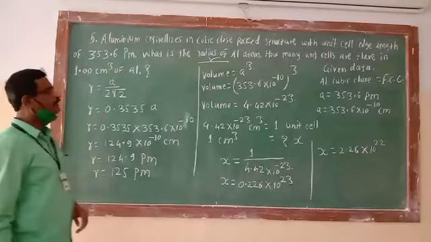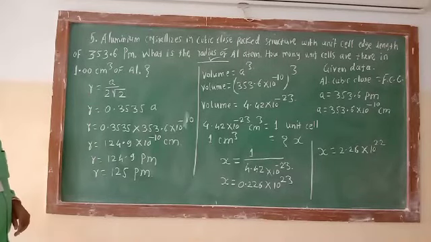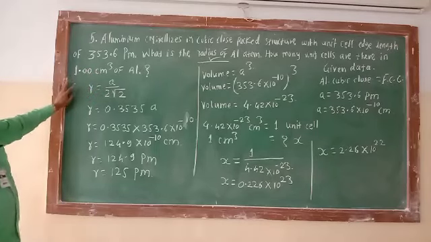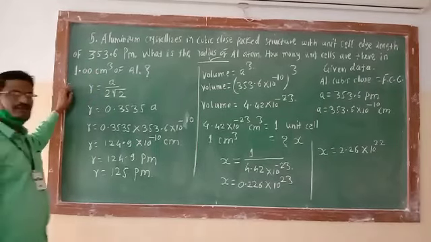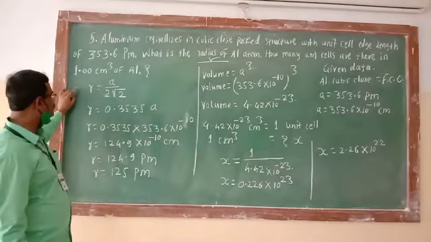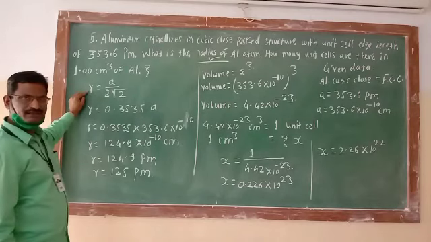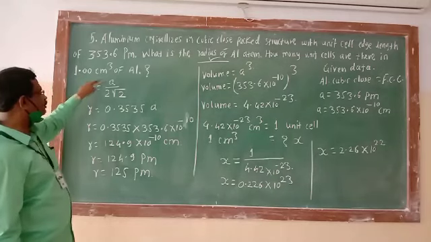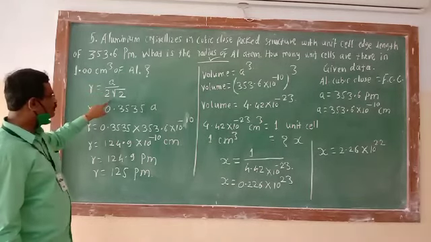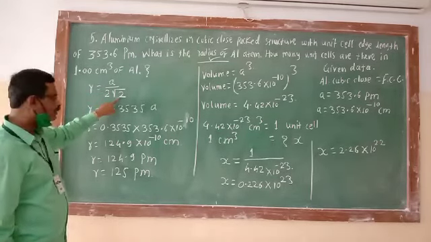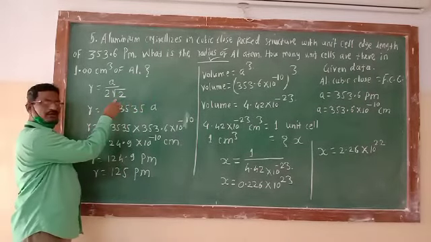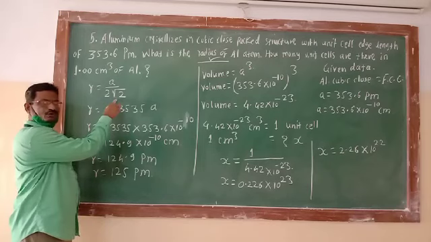And we have to calculate the radius of aluminium. Since the structure is FCC, face centered cubic structure, we know that for FCC structure, radius will be given by this formula, R is equal to A upon 2 root 2. We know the root 2 is equal to 1.4142 multiplied by 2.